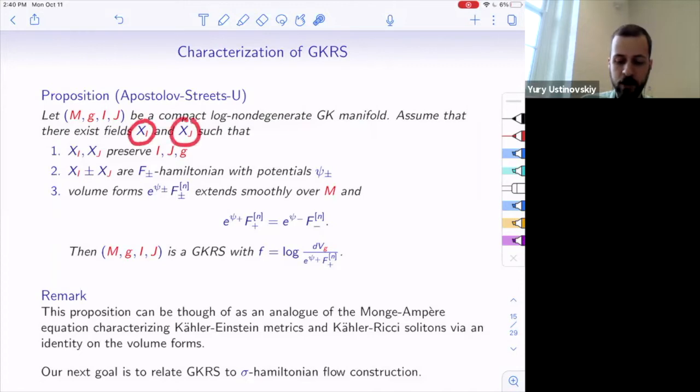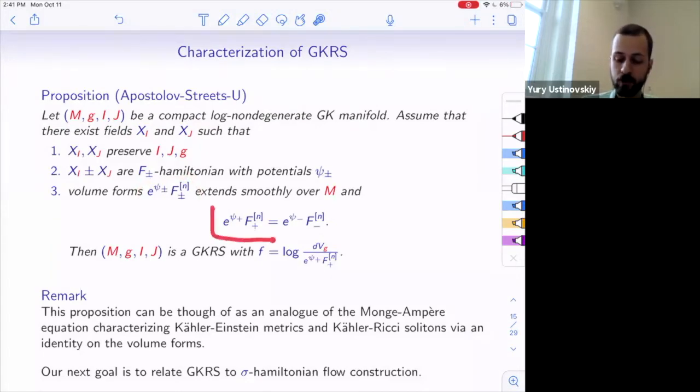We pick vector fields xi and xj which preserve all the structure I, j, and metric g, so that they are Hamiltonian: xi plus or minus xj are f plus or f minus Hamiltonian with corresponding smooth potentials, and the volume forms extend smoothly to the entire manifold.